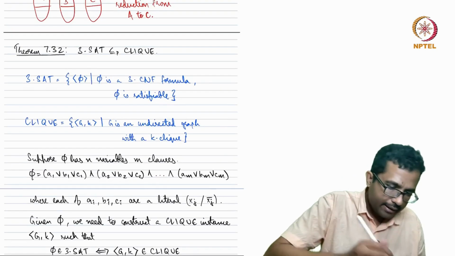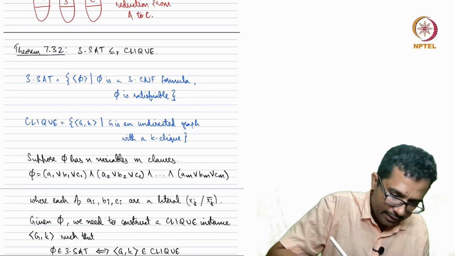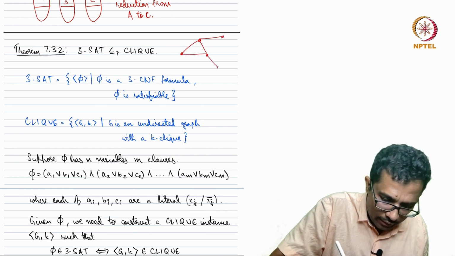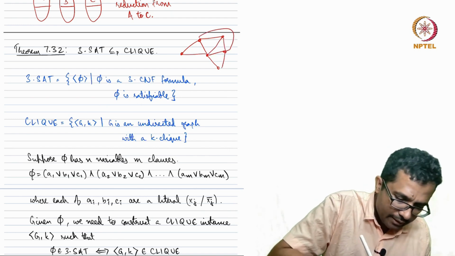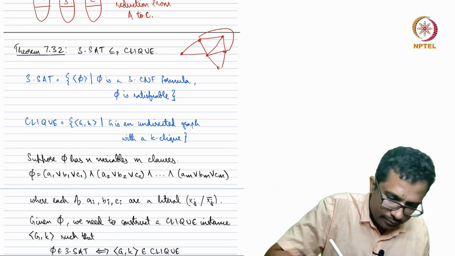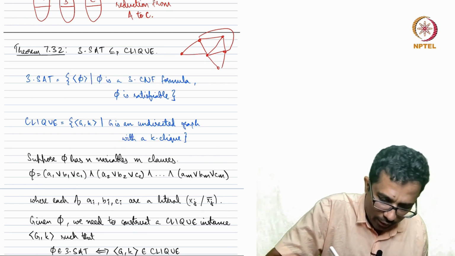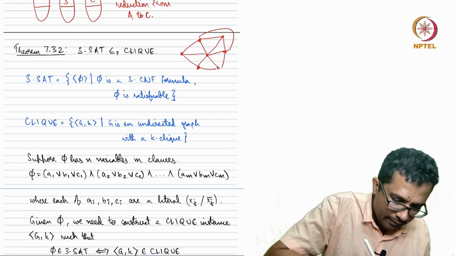Clique means it's a graph, right? So I'll just draw something. A clique is a set of vertices in a graph that are all adjacent to each other. So for instance, in the graph that I am just drawing in the corner here, there is a 4-clique.